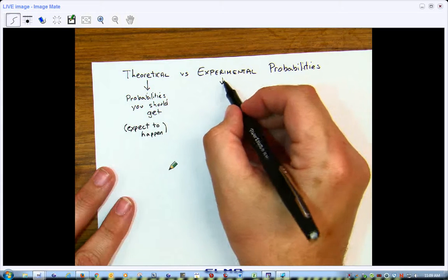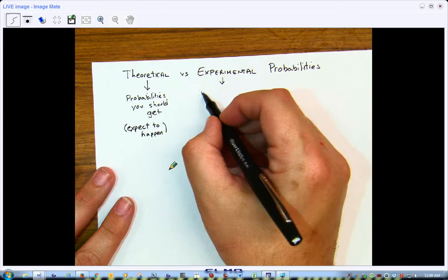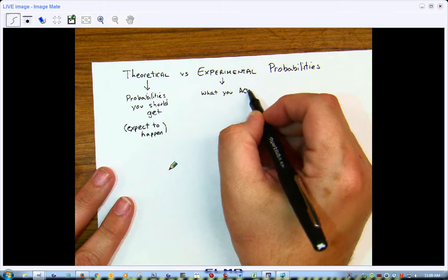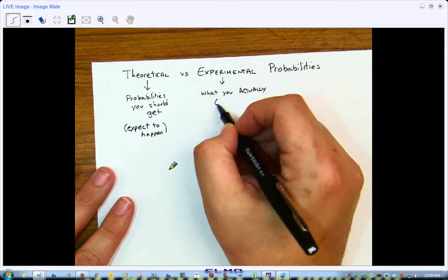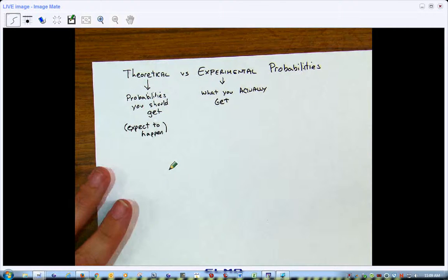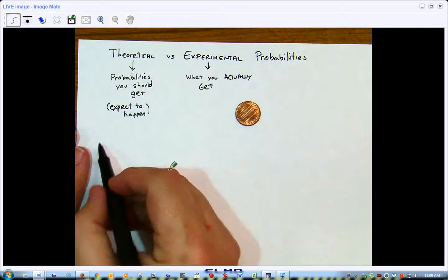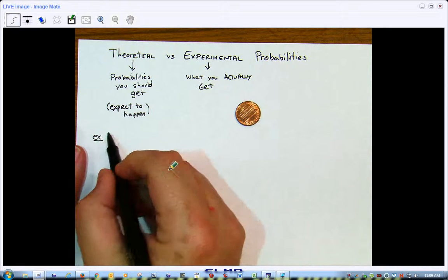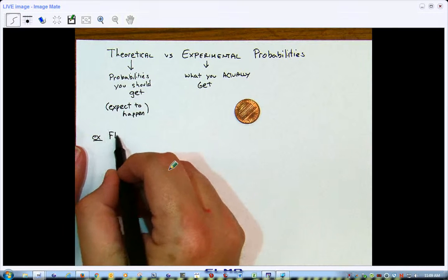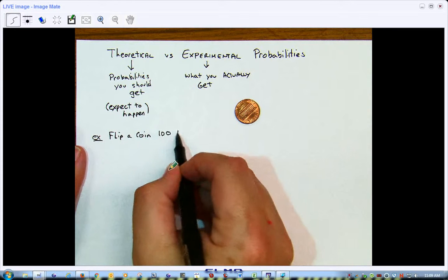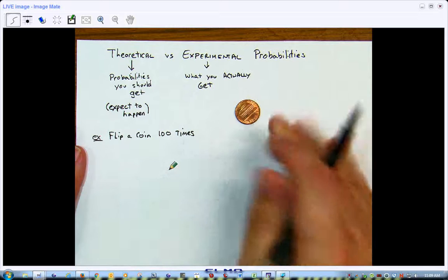Experimental probabilities are what you actually get. So if we're running an experiment about flipping a coin, and this is probably the best one: flip a coin 100 times.